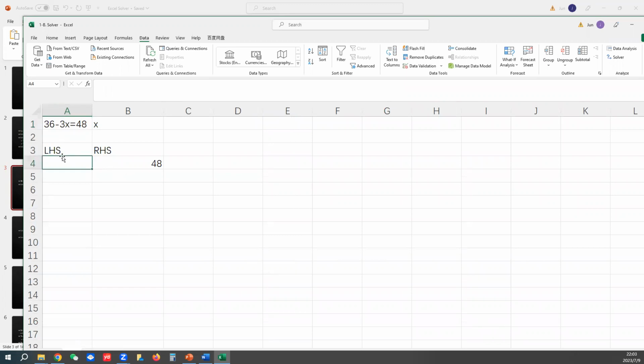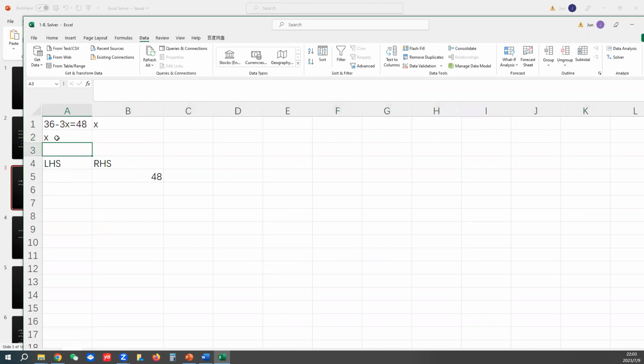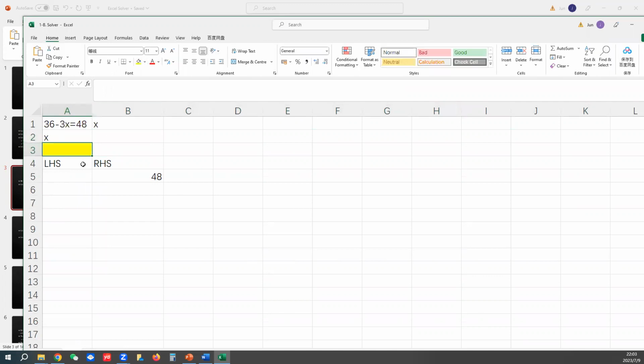For the left-hand side, don't forget to have x and the cell underneath, which is the value of x. The left-hand side is 36 minus 3 times the value of x. We just follow this exactly.